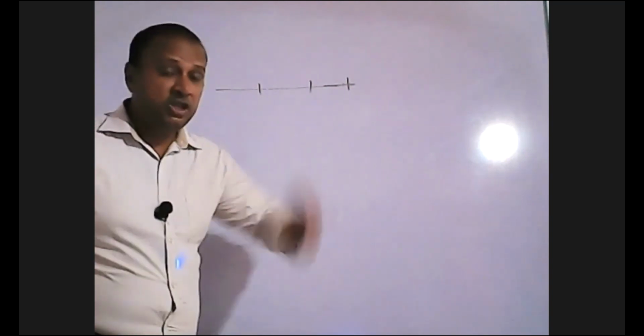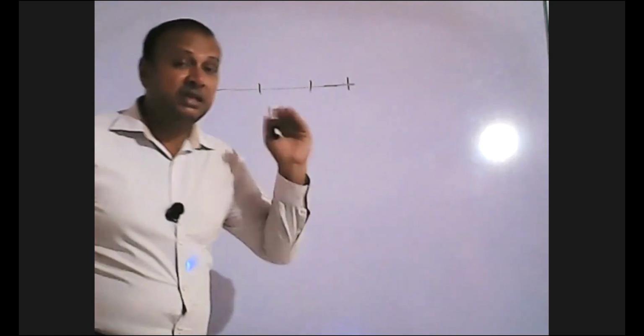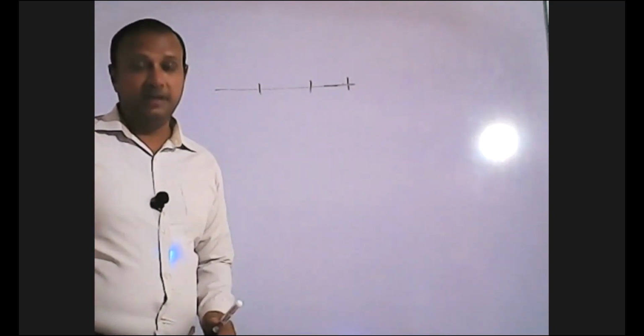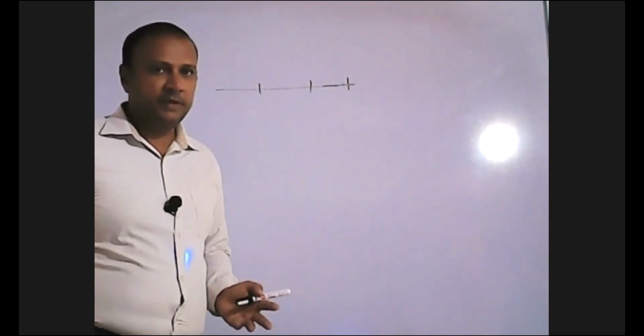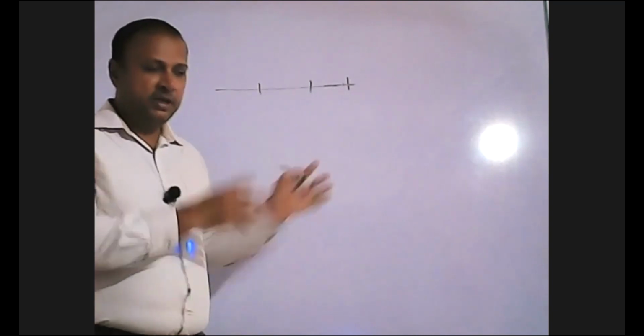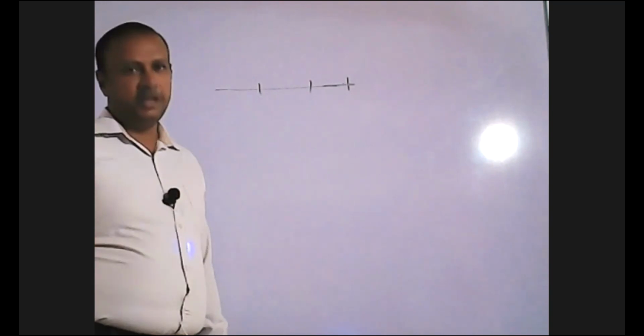If you want to measure a speed, definitely you have to consider the time. Rate means actually it is some kind of speed. So if you want to measure rate, then definitely you have to consider time.